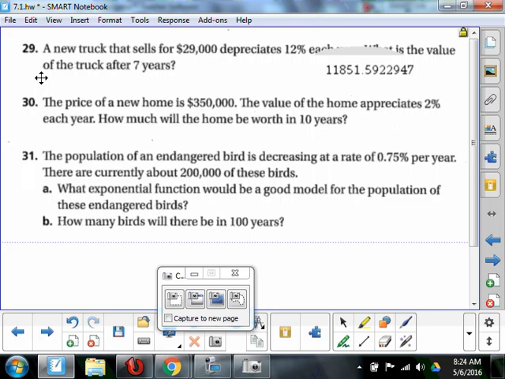Anyway, number 29, if you put this for the answer, 11851.59, that's going to be wrong, and you'll lose 4 points. If you think that that's going to round to 60 cents and you round it to 60 cents and put a dollar sign, that's going to be wrong and you'll lose 4 points.